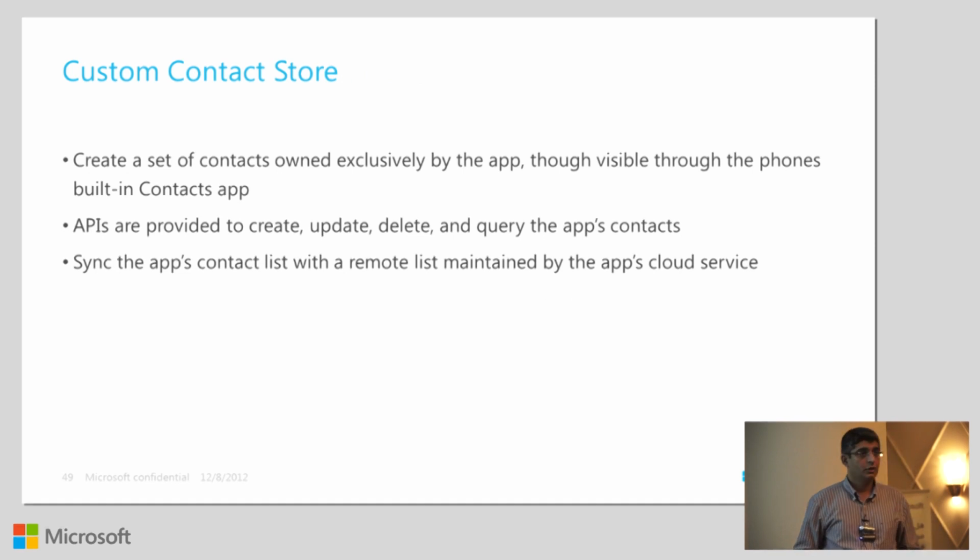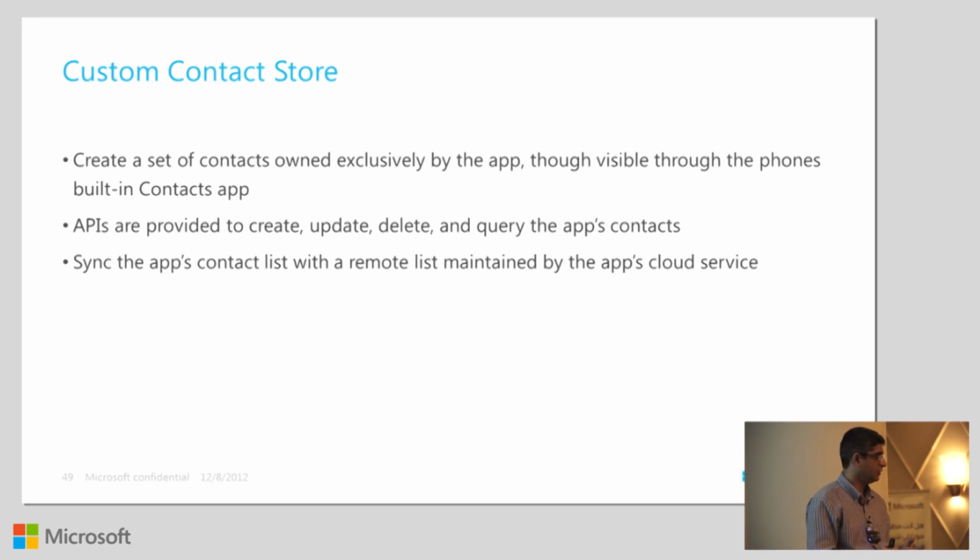We also introduced something called the custom contact store, right? Where your application can have its own contacts. And we will integrate this into the People Hub. So think of it this way. I'm a Facebook application. I have a list of contacts, right? And those are contacts that I would like to have on my phone.